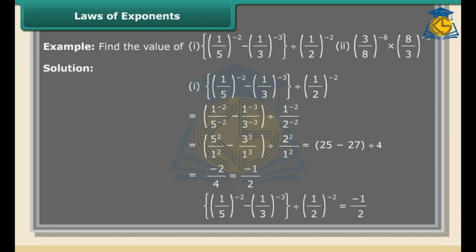So (1/5)^(-2) - (1/3)^(-3) divided by (1/2)^(-2) is equal to minus 1 upon 2.